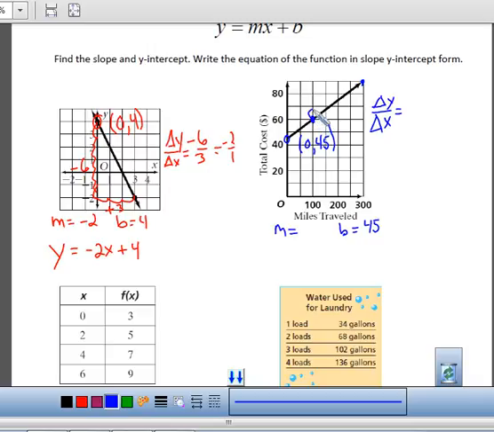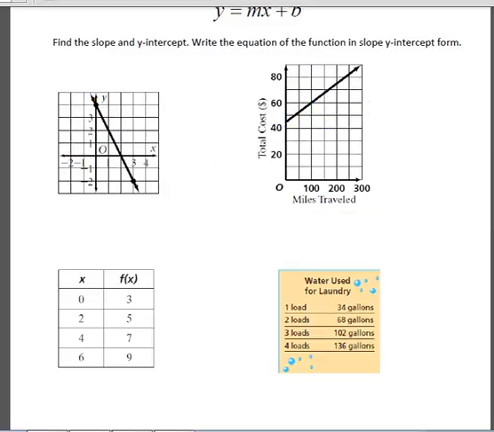So it goes up 10, 20, 30, so there's the change in y. And then it goes to the right from 100 to 300, so it's going up 200. So 30 over 200 simplifies to 3 over 20. It doesn't simplify anymore, so that is my slope. So my equation is y equals 3/20 x plus 45.